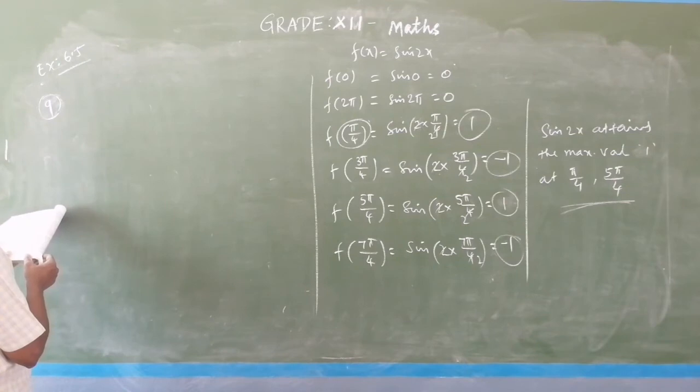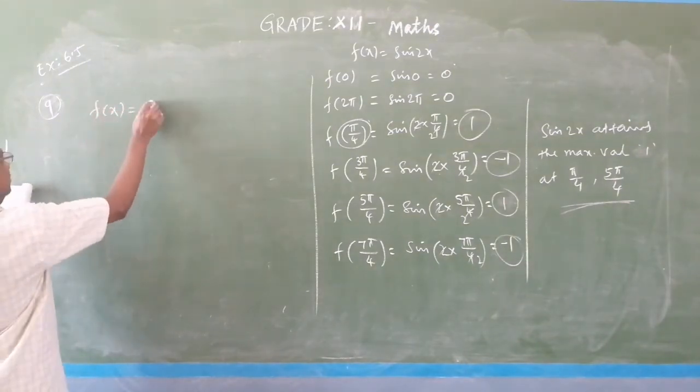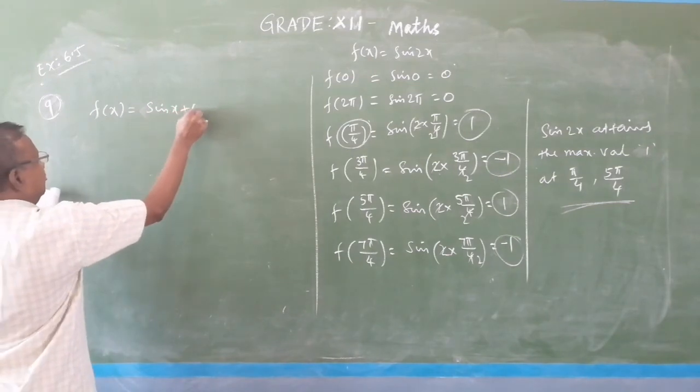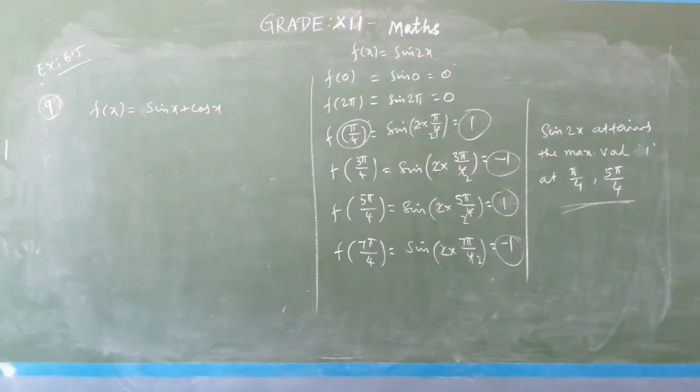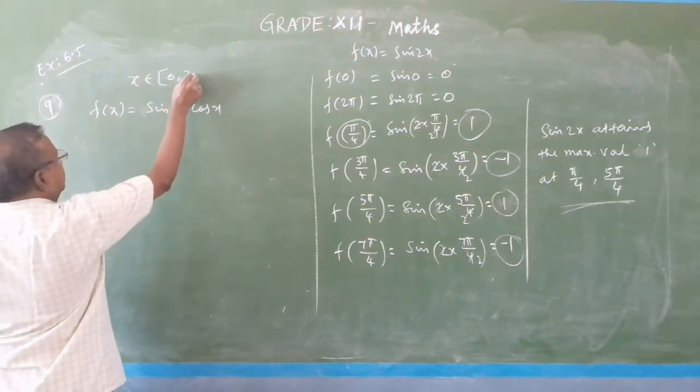What is the maximum value of the function sin x plus cos x? Consider f of x equal to sin x plus cos x. We have not been given any interval, so take x belongs to 0 to 2 pi.